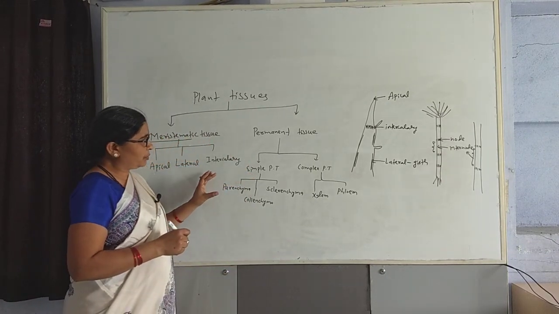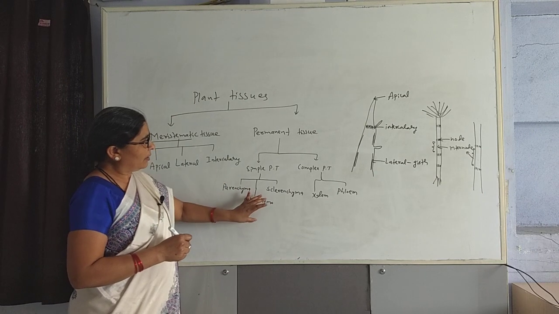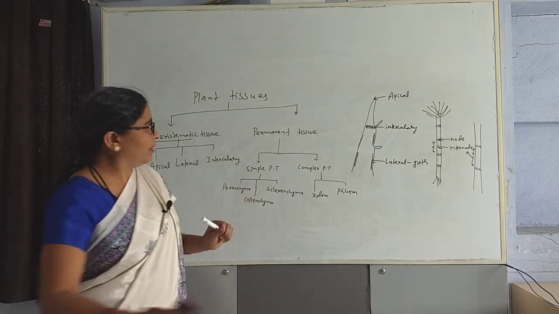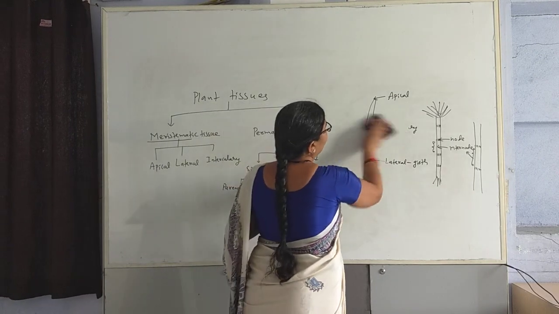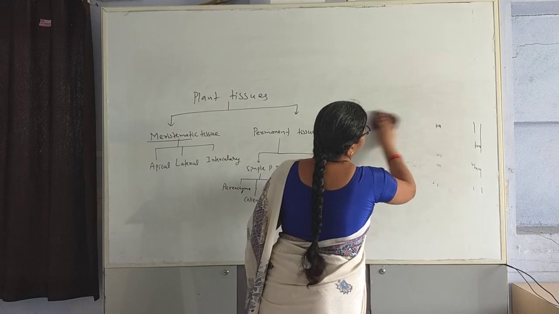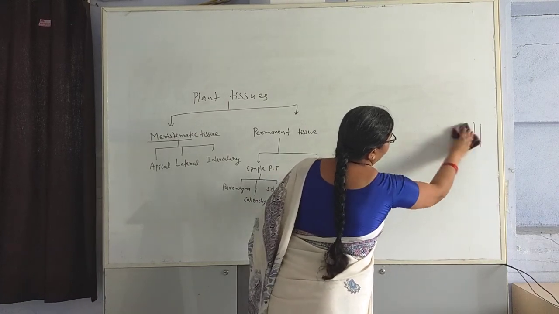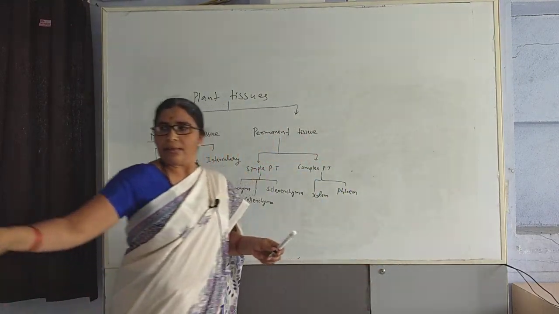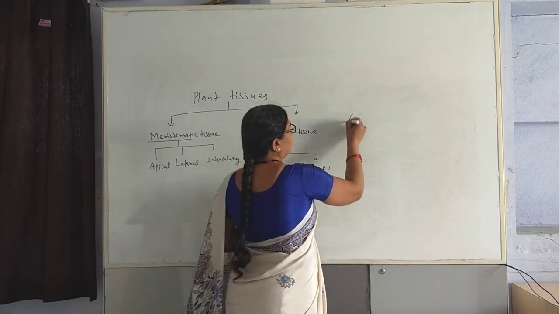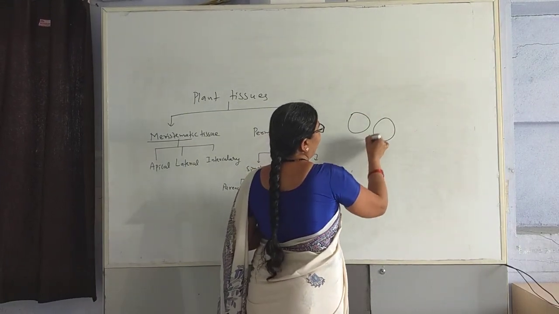Simple permanent tissue: parenchyma, collenchyma, sclerenchyma. First we will go to the parenchyma cells. Parenchyma cells are loosely packed.